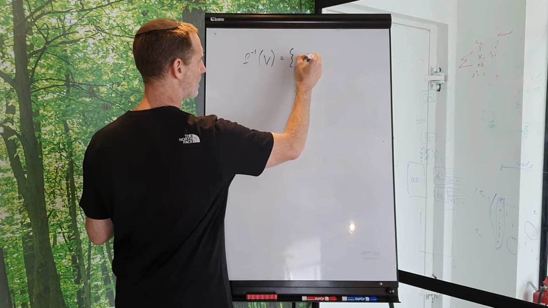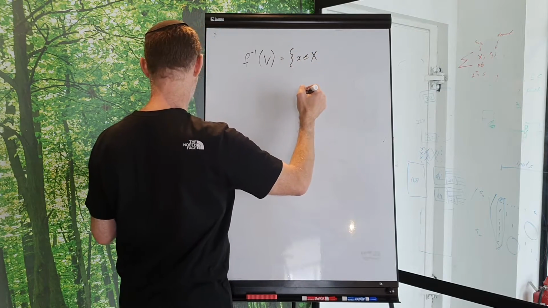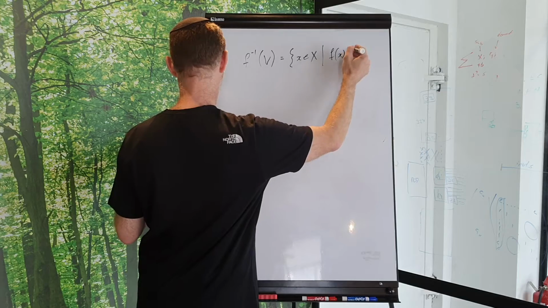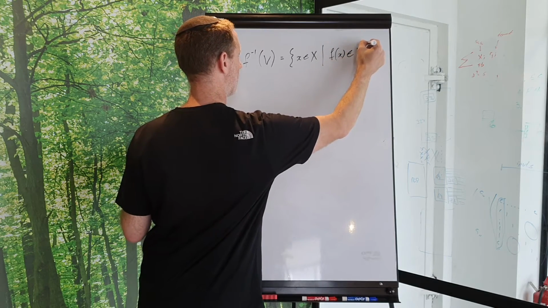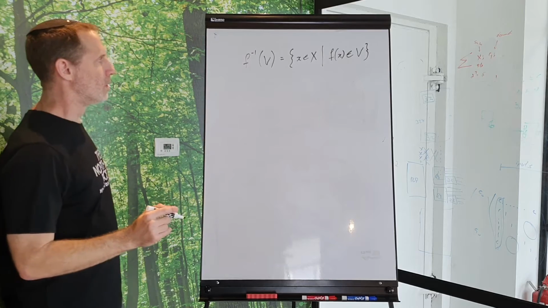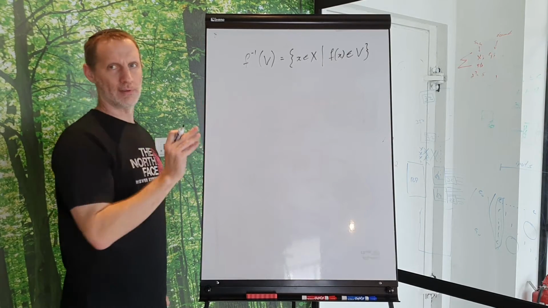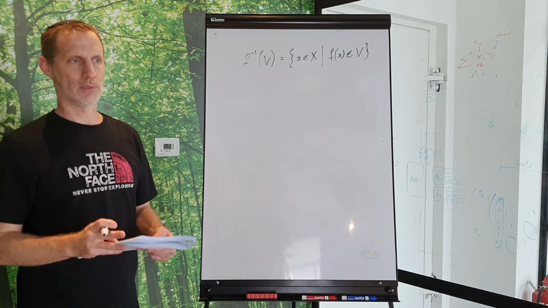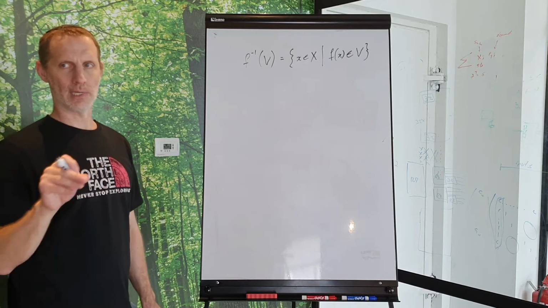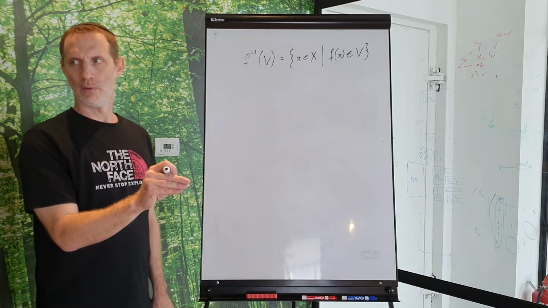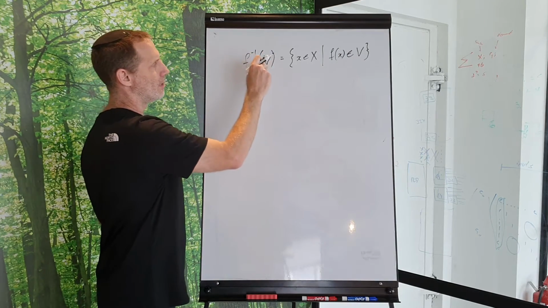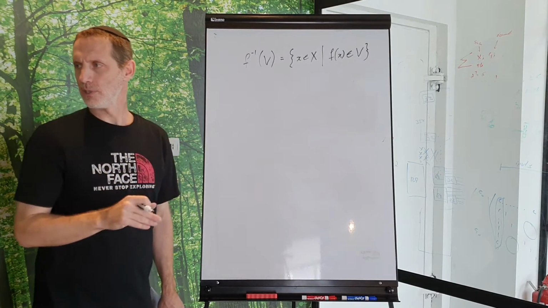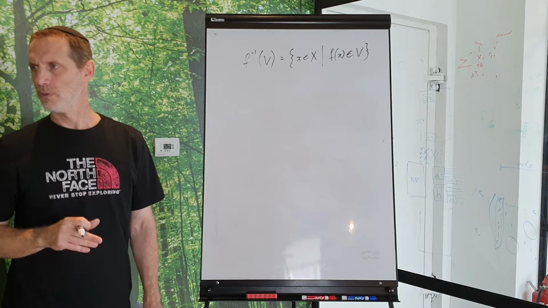It defines the set of all x's such that f of x is in V. Notice that this is not the inverse. If I have, for example, many x's mapped to the same y, then the f minus 1 of that y would be the set of all the x's that point to it. That would be the pre-image.